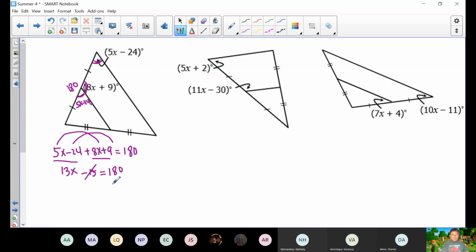You cross out 15, we add 195. Right? This is a lot of work, man. I know, right? It's getting harder. Maybe when you do this, it gives you what? 15, right? So x is 15.